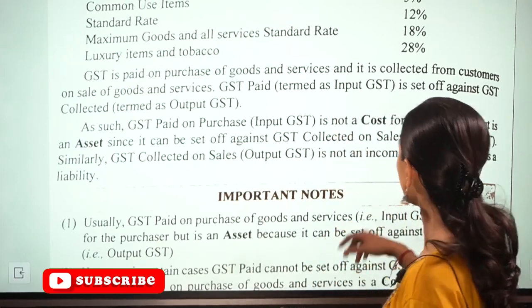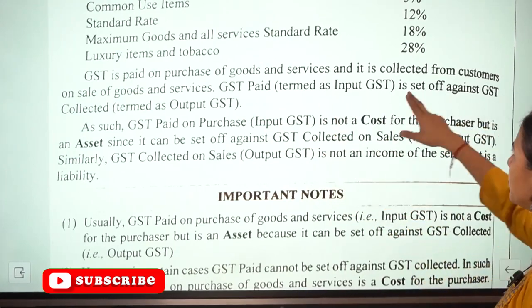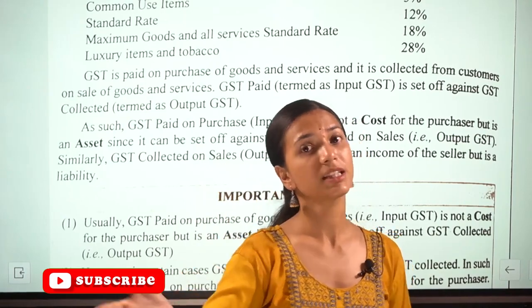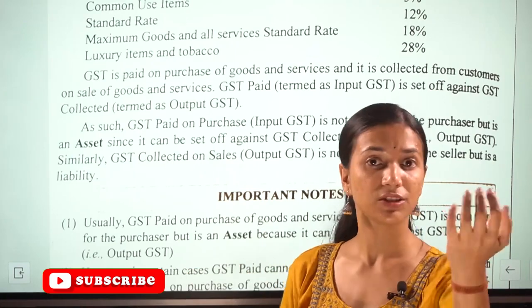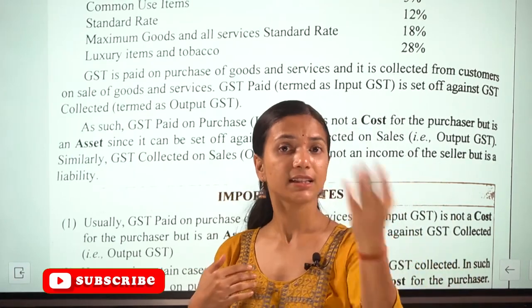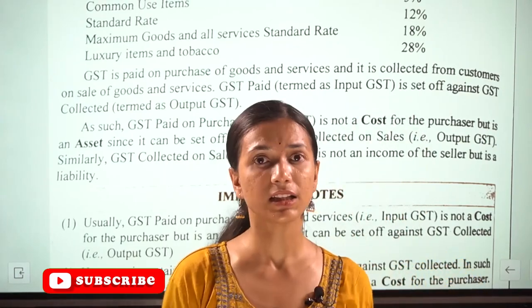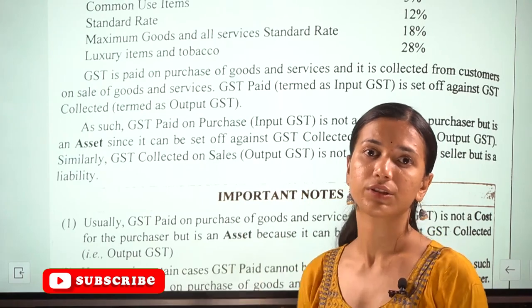GST paid is termed as input GST. Whatever GST you are paying is termed as input GST, because you are taking something and then paying. And on sales, the GST you are collecting is your output GST.